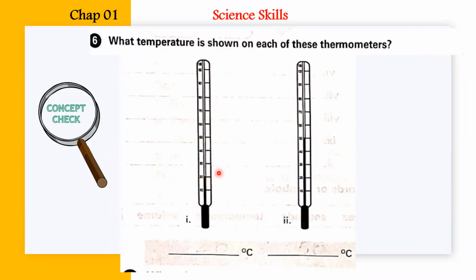The level of the mercury here is on 20, so it gives you 20 degrees centigrade. And look at this thermometer, it will give you 50 centigrade. This is the level of the mercury here at 50, so it will give you an idea about 50 degrees centigrade.